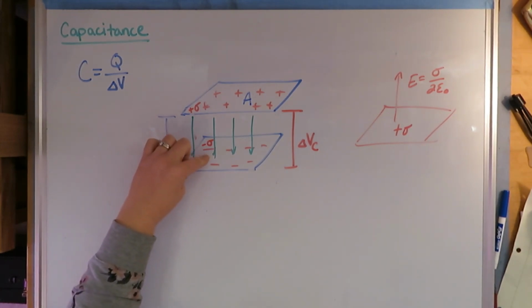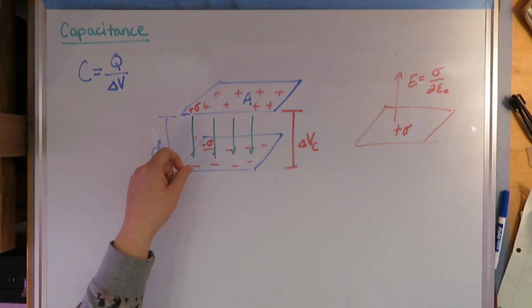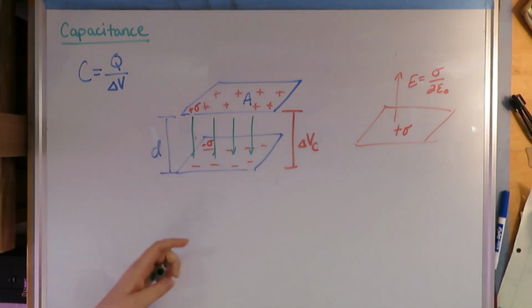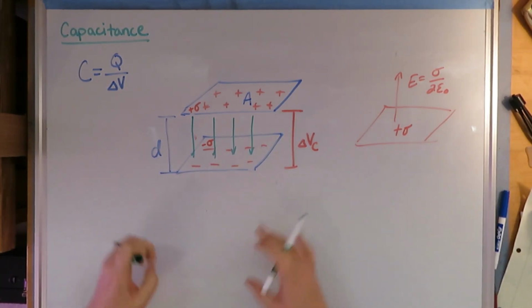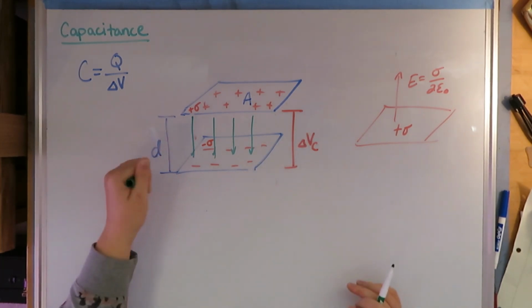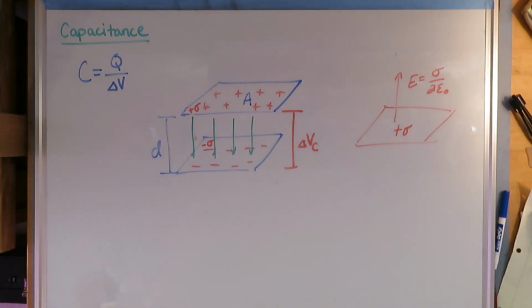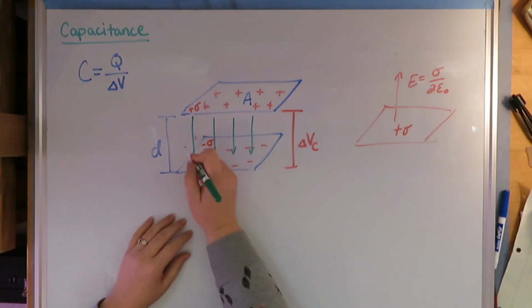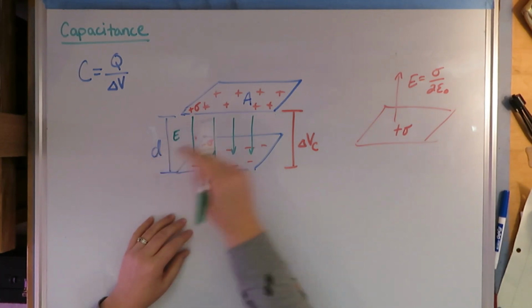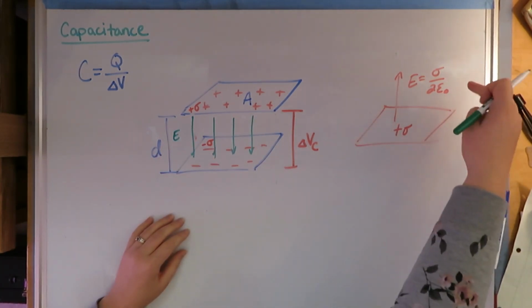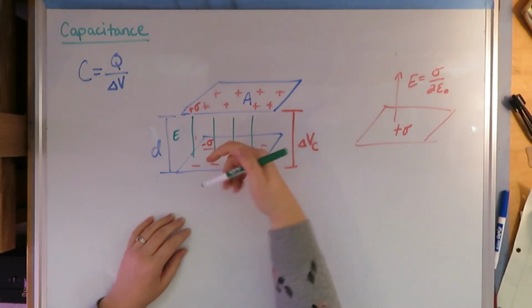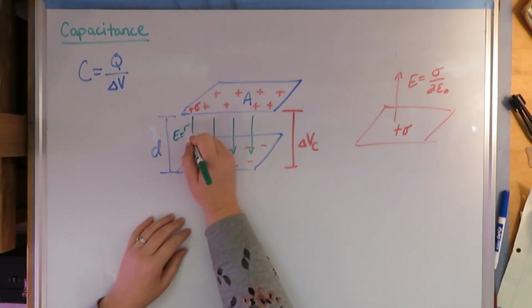But then this plate is also contributing sigma over 2 epsilon naught, so the electric field is the superposition of those two charges. We end up with our electric field in the middle being sigma over 2 epsilon naught plus sigma over 2 epsilon naught. They're going to be in the same direction, so this has an electric field of sigma over epsilon naught.